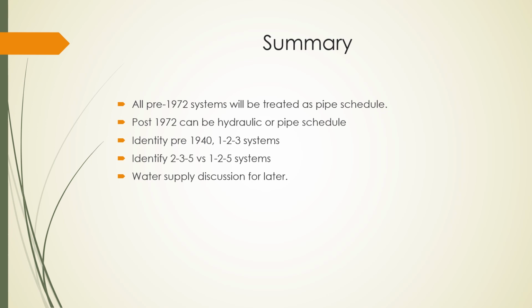The last point that I have yet to discuss, and we'll be discussing this in a lot more detail, is that the tables that I will be using are based on a supposed water supply. Now, the water supply has a great impact on the overall output of the sprinkler system.